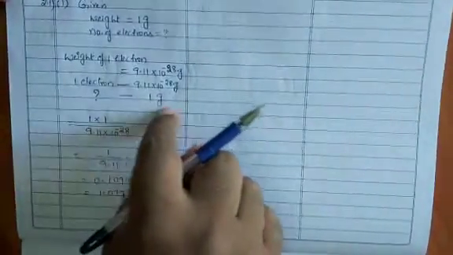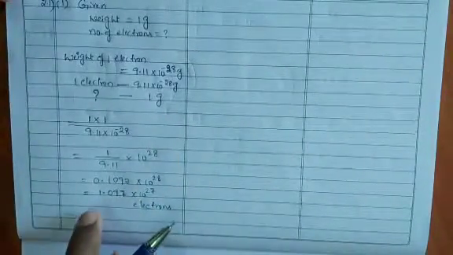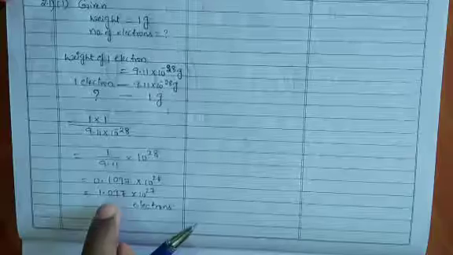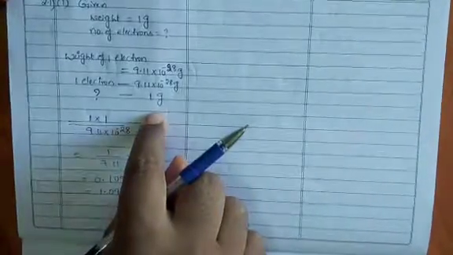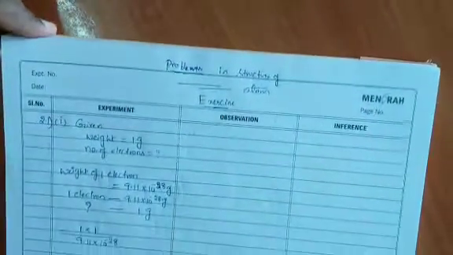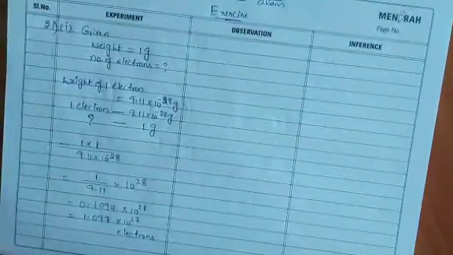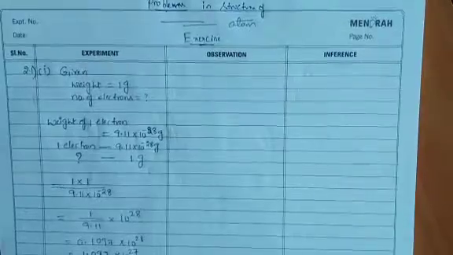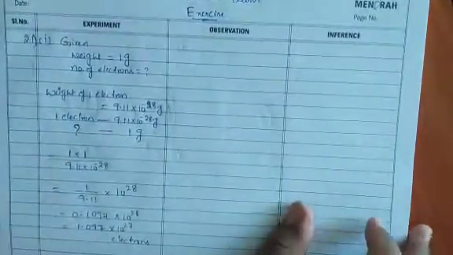So in 1 gram of mass, these many electrons are there. Or we can say the mass of 1.097 into 10 power 27 electrons is equal to 1 gram. This first sub question is completed now.